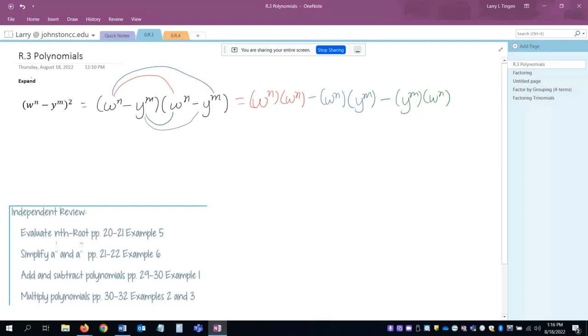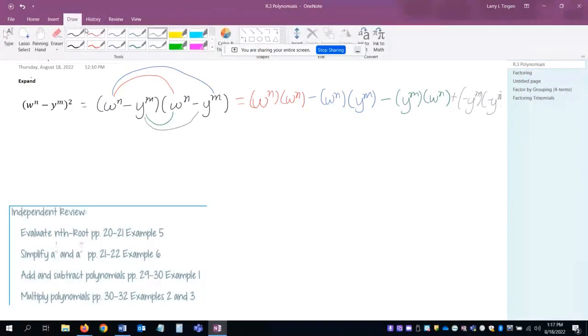And this is a negative Y to the M times negative Y to the M. So this is going to end up being plus. If you want to write it all the way out, what's happening there is you could write them all out as pluses and then do your double negative like this, just in case you're trying to figure out how that happened.